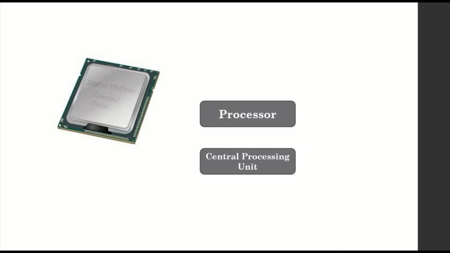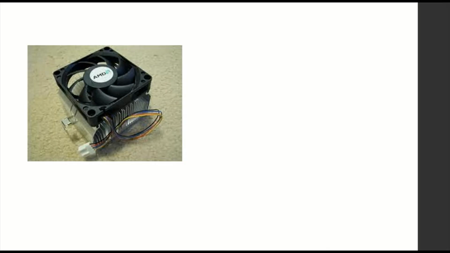When the CPU is working, it generates heat. That's why it is covered by the heat sink you see displayed, which draws heat away from the processor. It tries to reduce the heat generated by the processor. The motherboard also contains the computer's RAM, or random access memory.